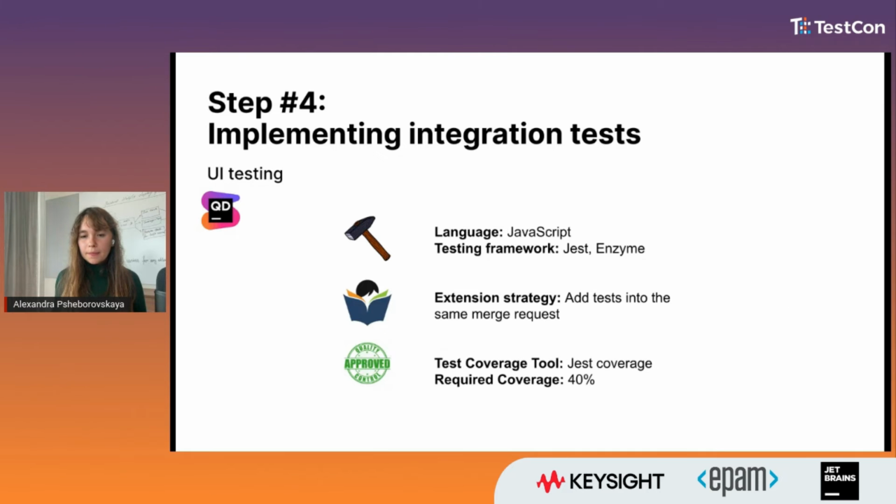And if we are talking about UI testing, I think the stage of implementing integration tests is very similar to the stage of building unit tests, but there is one significant risk, I could say. A common mistake is to forget about UI tests at the integration and unit testing level.